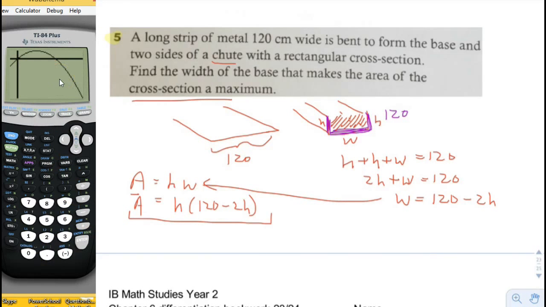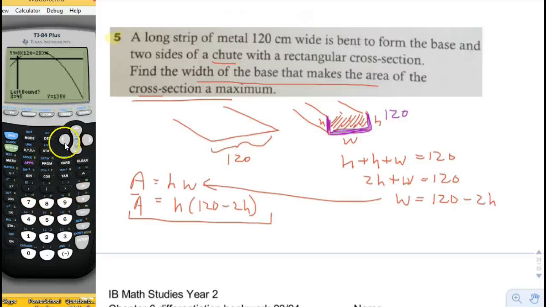Okay, and then it says, find the width of the base that makes the area of the cross-section a maximum. So when is the area maximum? It's right there. We'll do second calc, and we'll try to find the maximum, which is option 4. Oops, wrong place. I did the left bound in the wrong place, so I'm going to go back and start over again.